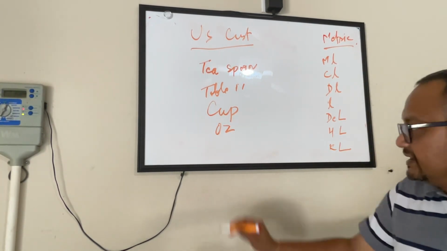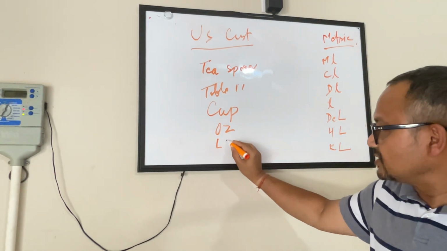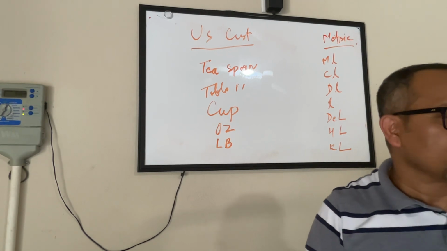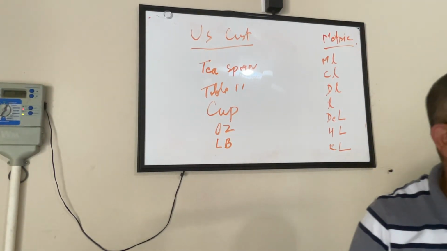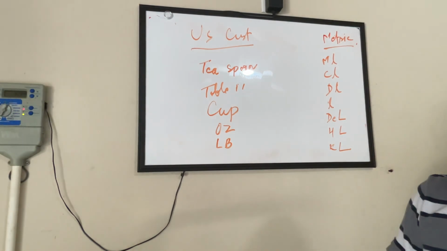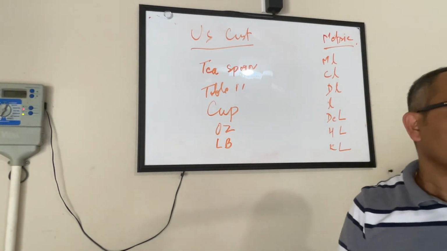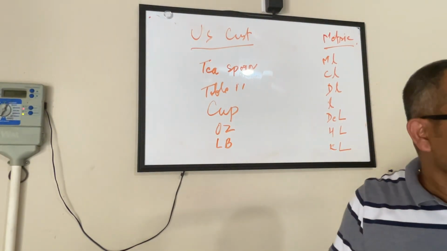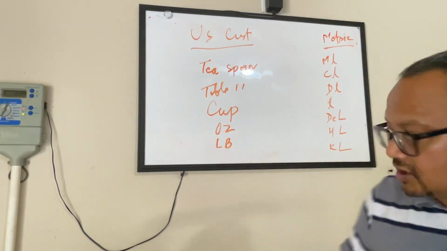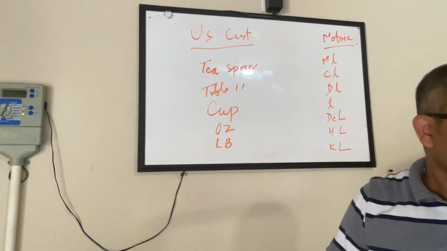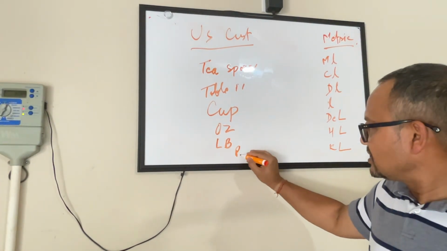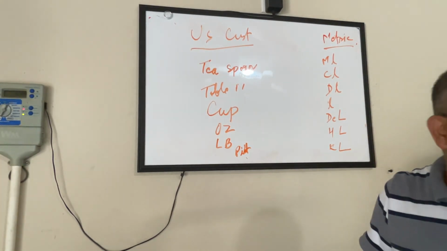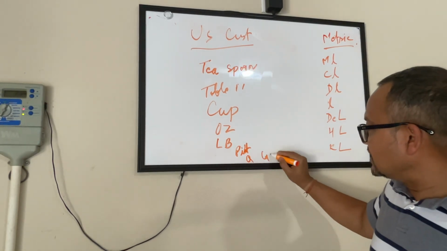Then comes pound, and after that, gallon, no, quart. Actually I think it's pint. Pint, then quart, then gallon.